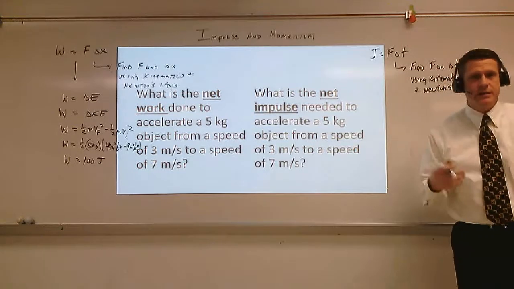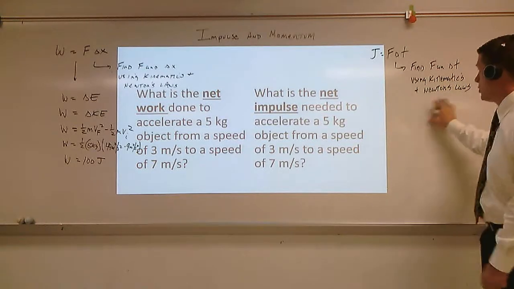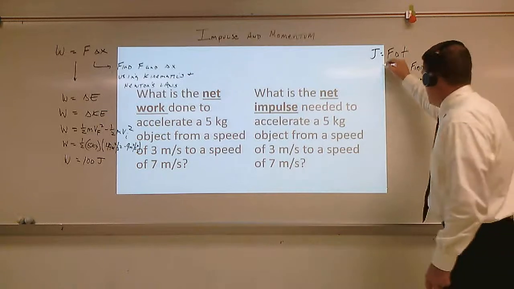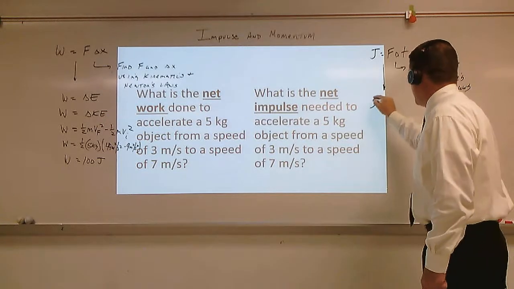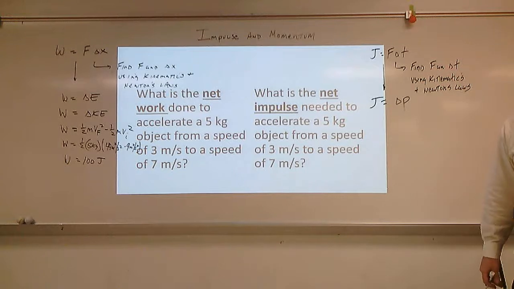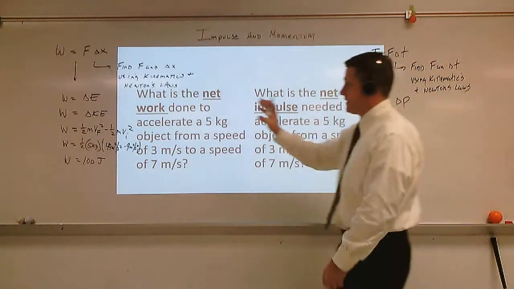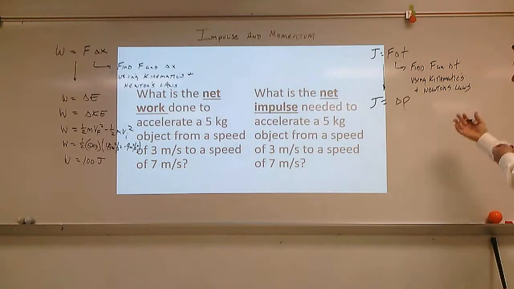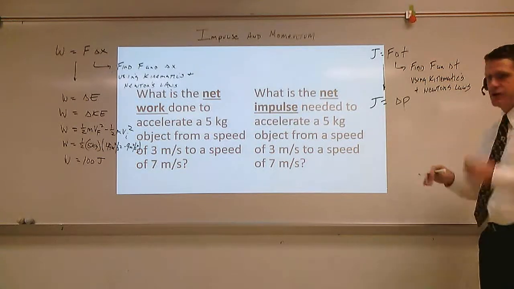If we're using kinematics or Newton's laws, we could find F, we could find delta T, or our other option, like we talked about yesterday, is impulse is equal to our change in momentum. So you can see the exact comparisons. We've got the same options here for this topic as we did for our last topic. So impulse here is equal to the change in momentum.